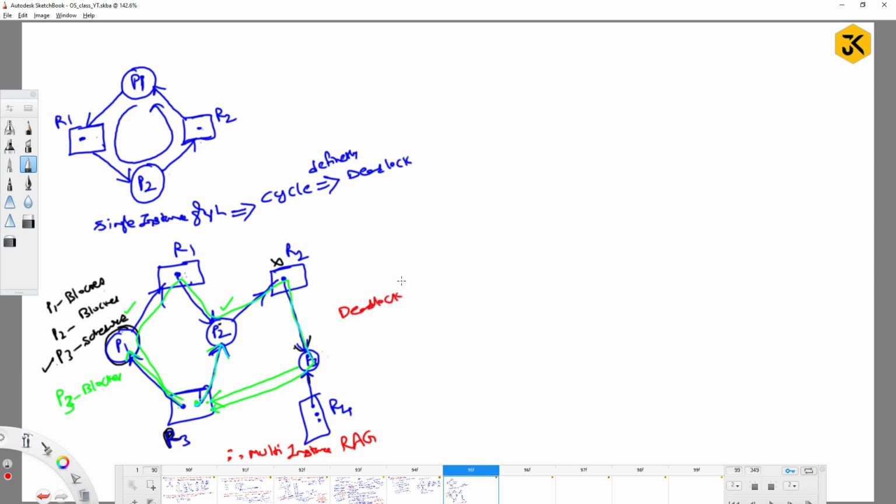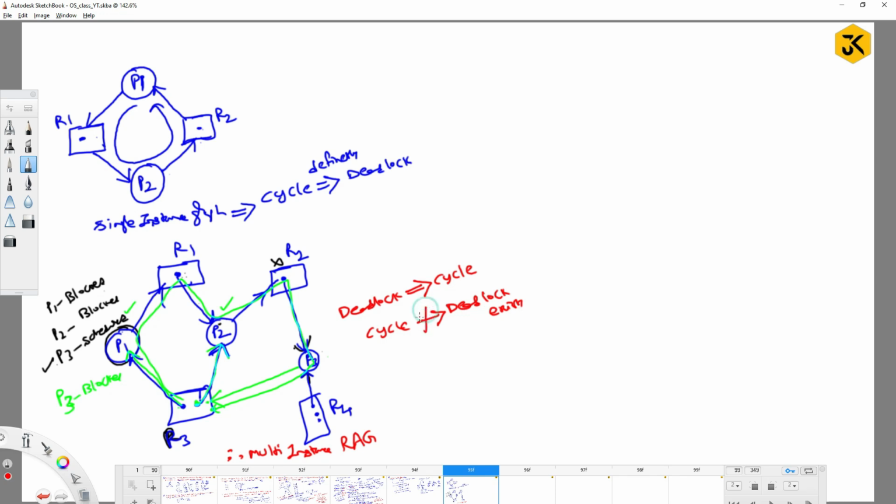One important point you have to observe: if I say there is a deadlock, definitely there will be a cycle. But if I say there is a cycle, I cannot guarantee a deadlock existed.